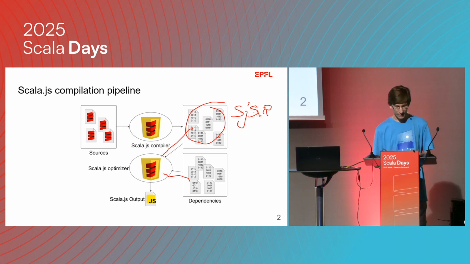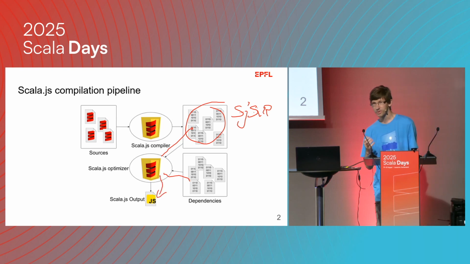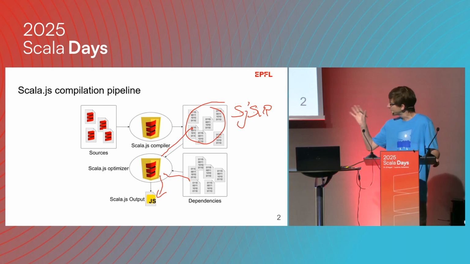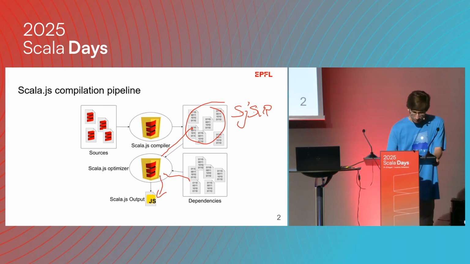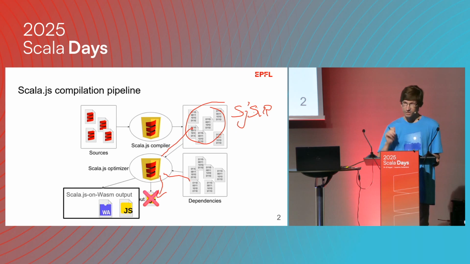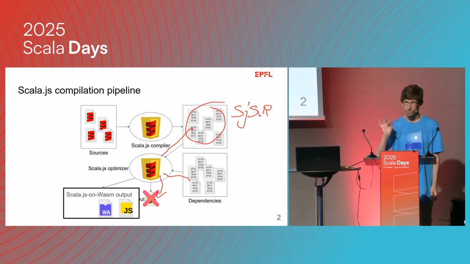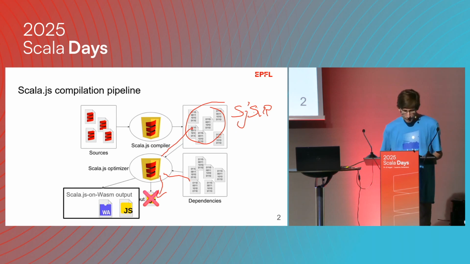Okay? And then at the very end, there is a last thing that generates JavaScript code out of that. Okay? And what I'm presenting today is we're getting rid of that very last thing, right? And instead of generating JS code, we generate WebAssembly code and a little bit of JavaScript code to do the bridge, okay? So what is WebAssembly?